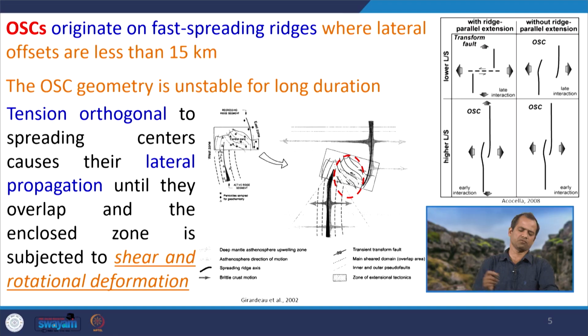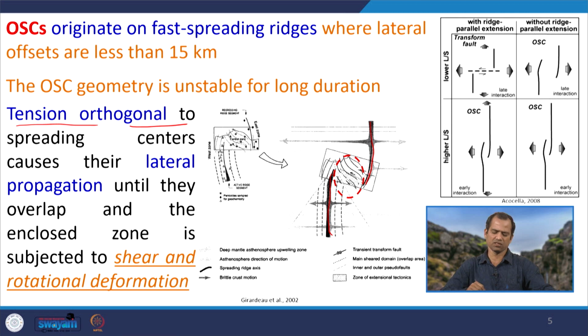For example, tensional orthogonal spreading centers cause their lateral propagation until they overlap and enclose a zone subjected to shear and rotational deformation. As we discussed a few minutes back, we have a spreading center here that is part of the mid-oceanic ridge, where non-rigid transform faults are developed, and there we get these overlapping spreading centers.